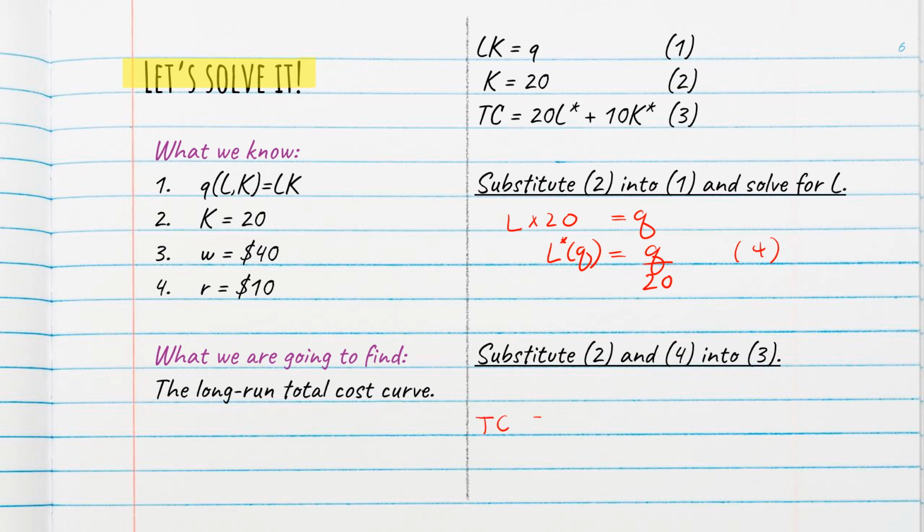So total cost is equal to 40 times L star, which is Q over 20, plus 10 times K star, where K star here is just fixed at 20. And we do a little bit of simplification. The 40 cancels with the 20 and becomes a 2. So we have a total cost function, which depends on Q, equal to 2Q plus 200.